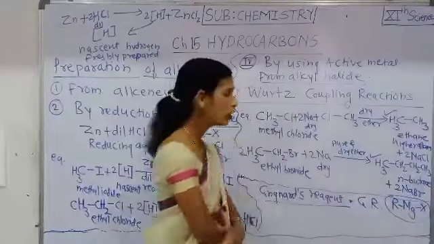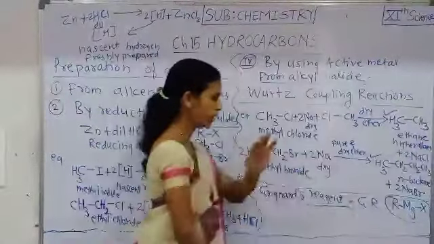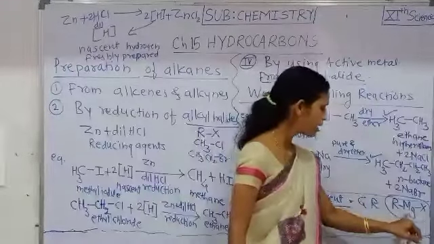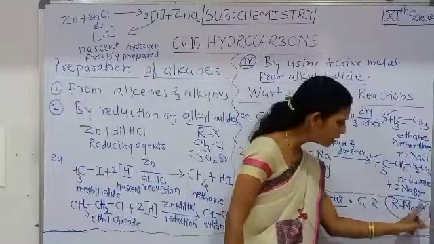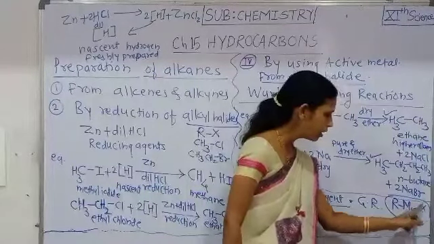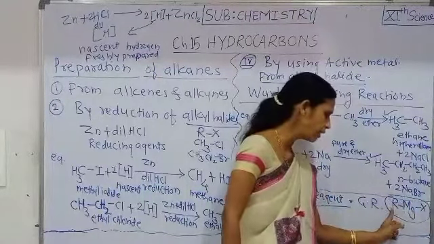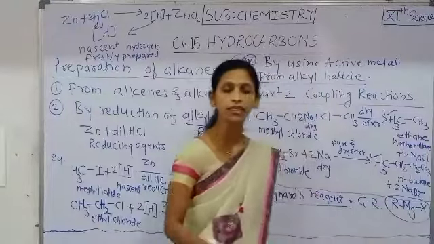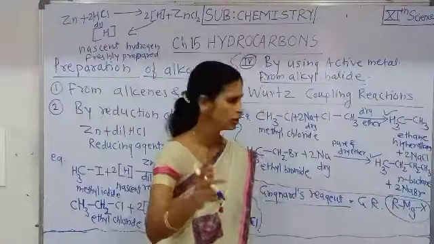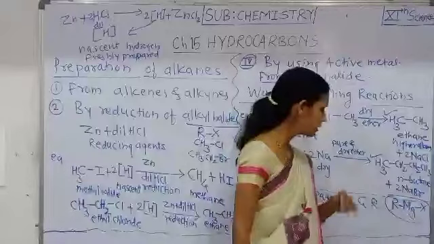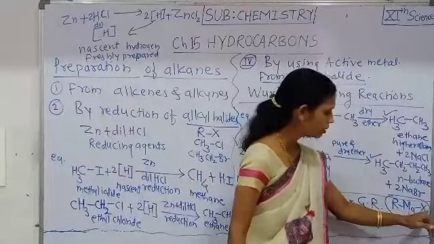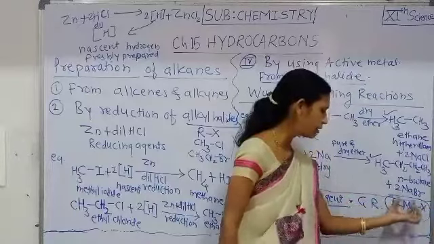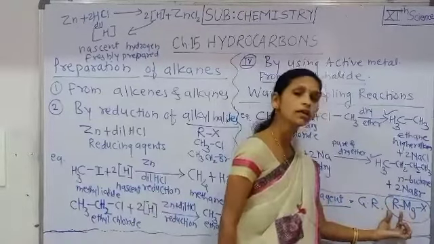It is an organic compound having the general formula RMgX, in which magnesium is divalently attached to the X group and the alkyl group. Magnesium is divalent, it can form two covalent bonds, and here in Grignard's reagent magnesium metal is divalently attached to one of the halogen groups and the alkyl group.